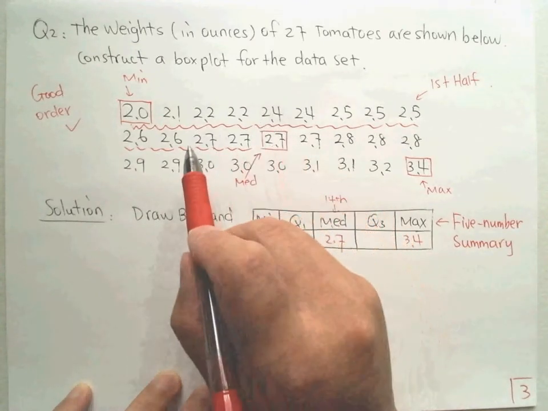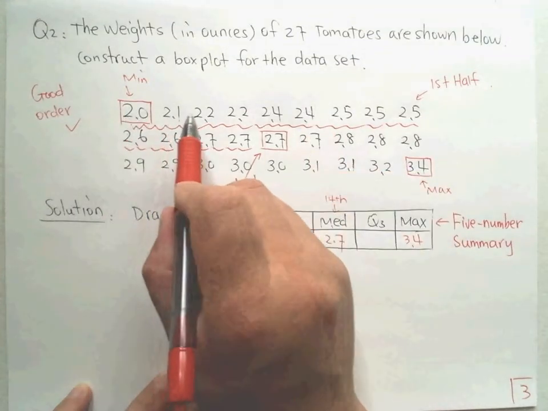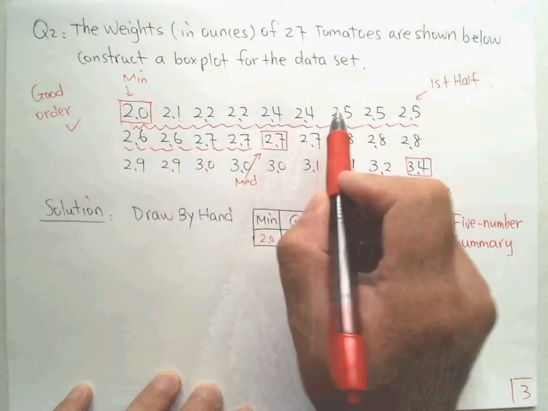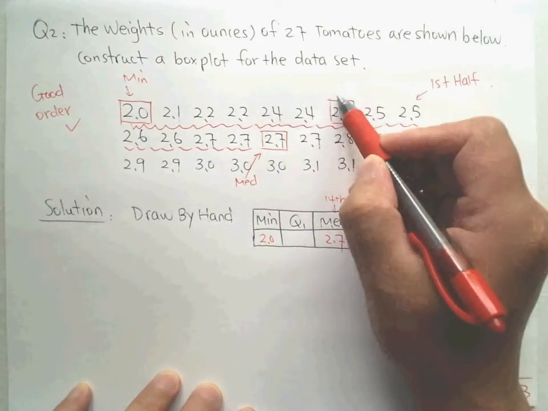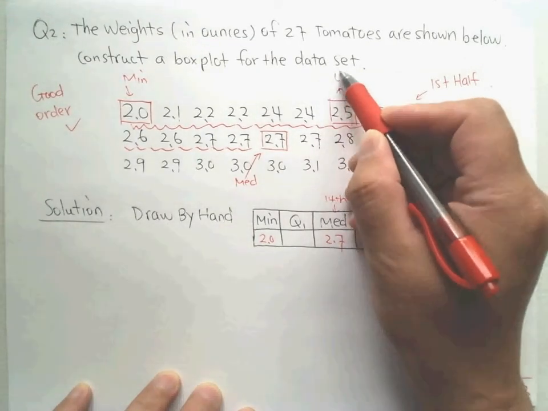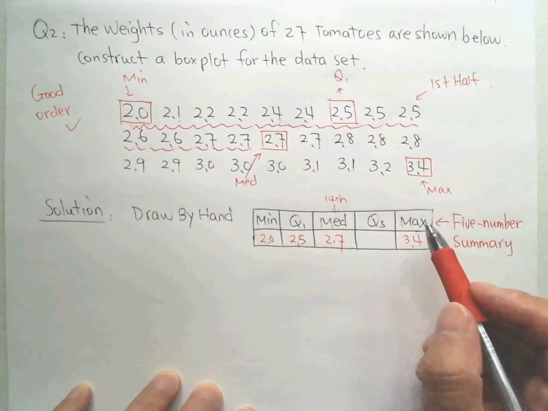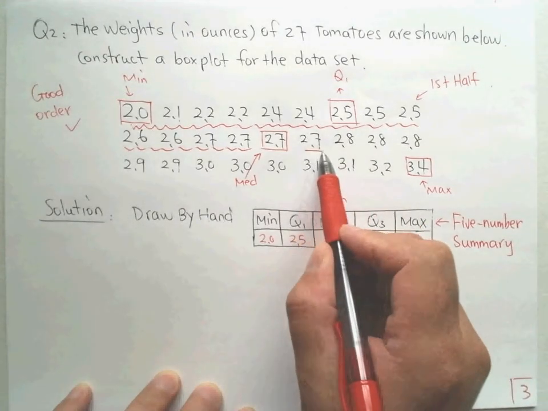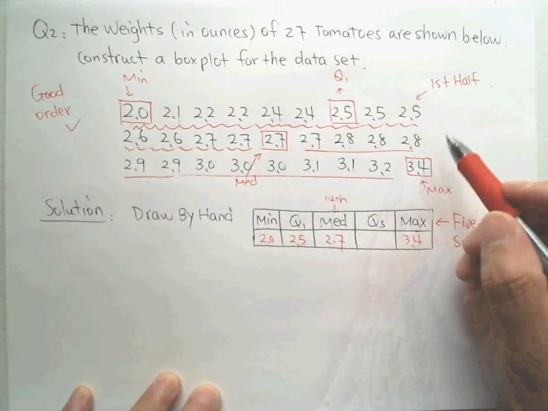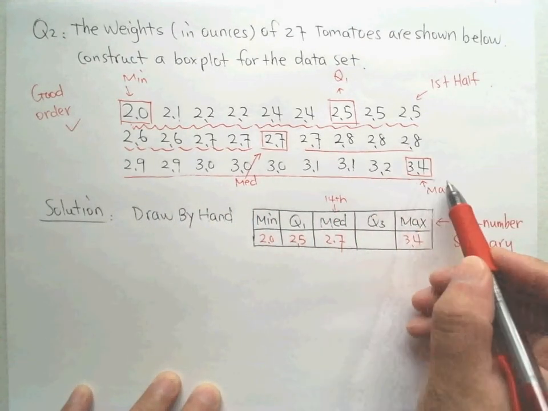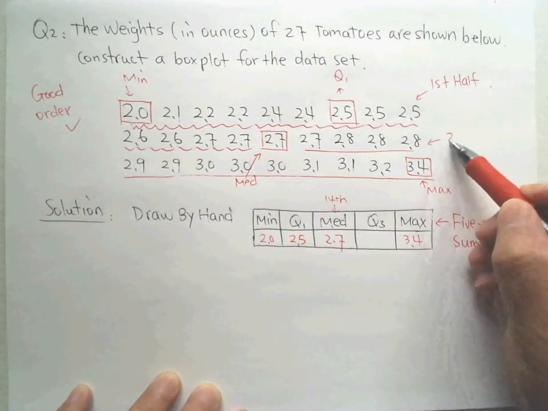It's 13 data, right? So the middle one should have 6 to the left and 6 to the right, the 7th data: 1, 2, 3, 4, 5, 6, 7. Here is Q1, so we find 2.5. The same for the second half, the last part.